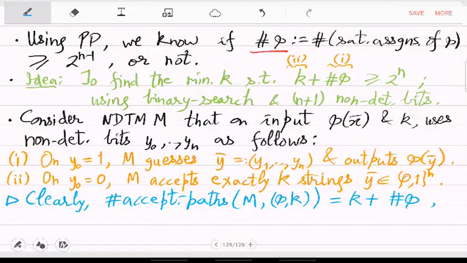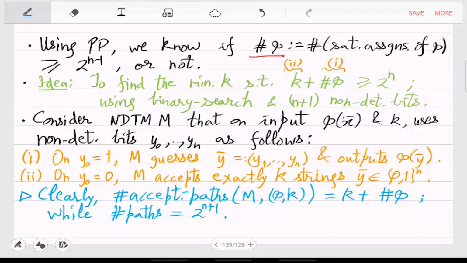While the possible paths are exactly all possible values of y0 to yn, which is 2 raised to n plus 1, right? So we have basically made 2 raised to n half of 2 raised to n plus 1.